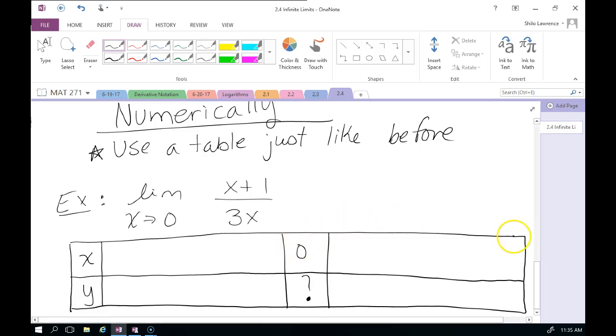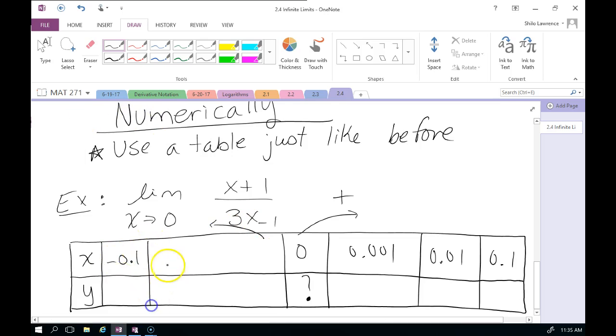So the farthest away we're going to go is we are going to add a tenth on the right, and then 100th, and then 1,000th. And then we're going to subtract on the left the same values. So negative a tenth, negative 100th, negative 1,000th.